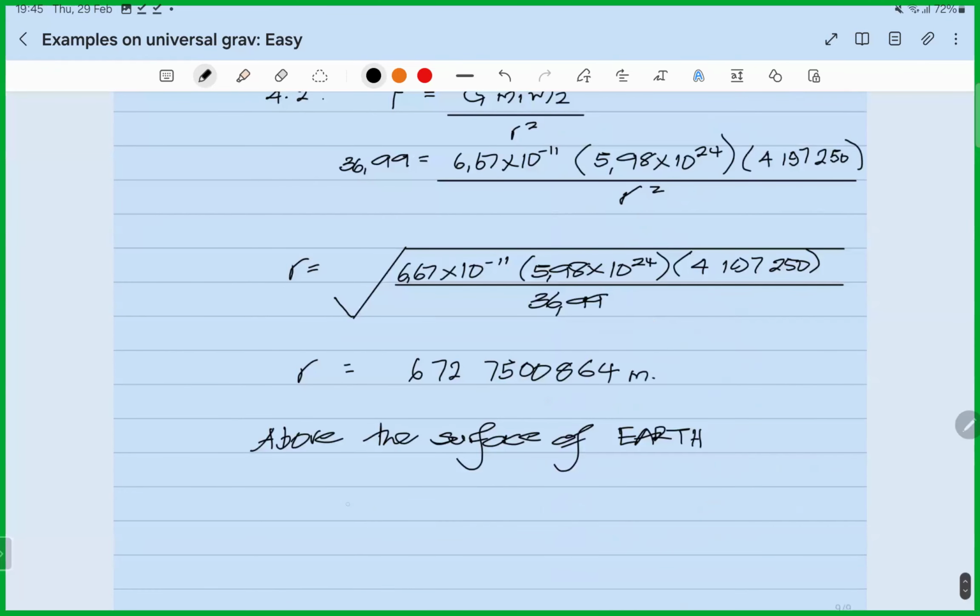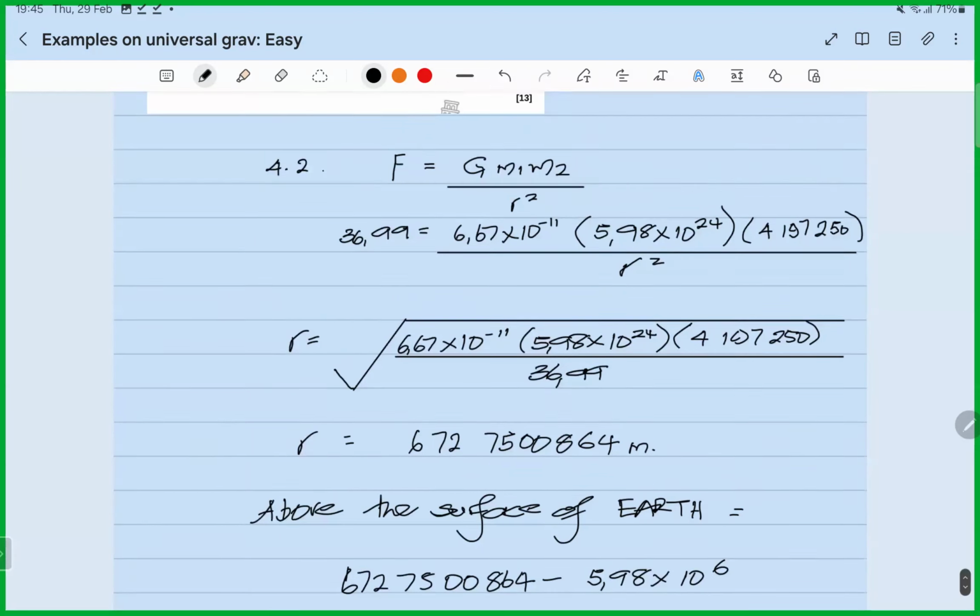So that's going to equal 672.7500.864 minus 5.98 times 10 to the 6.